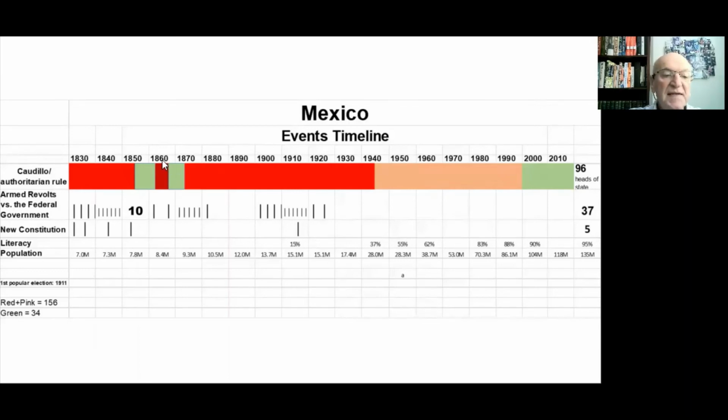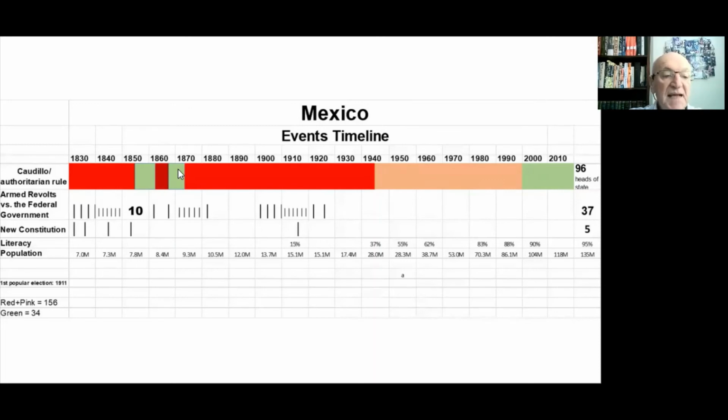So he became Maximilian I, and during this time, there were two governments in Mexico, the Empire and Benito Juarez. The Empire was eventually defeated. Maximilian was executed by a firing squad, and the sort of democratic government of Benito Juarez continued.